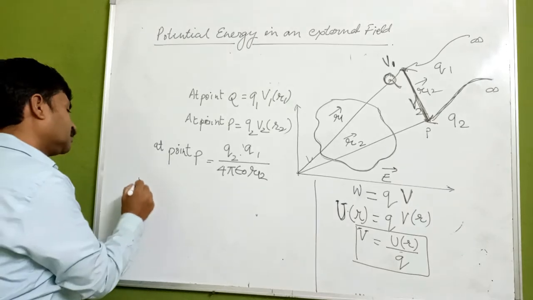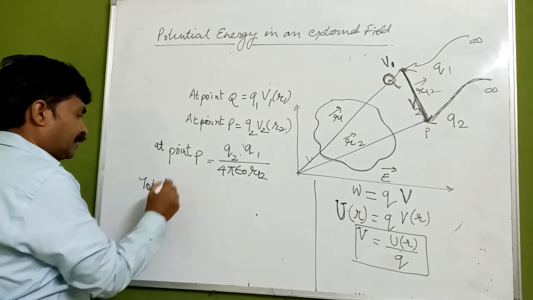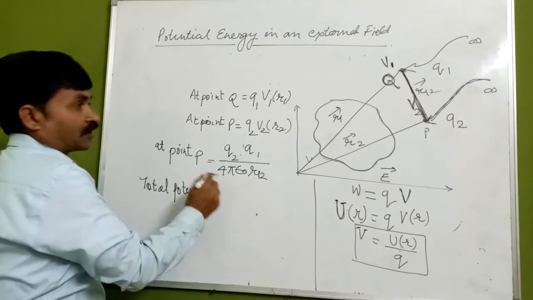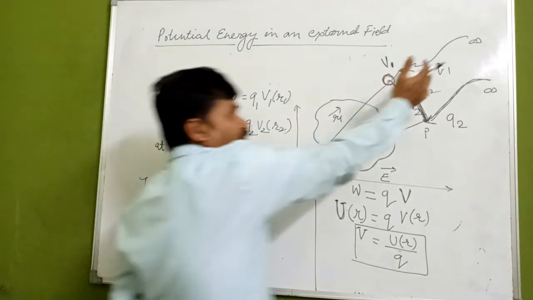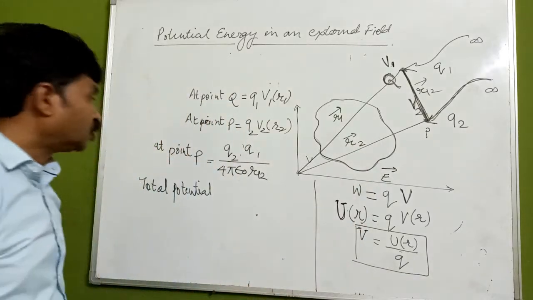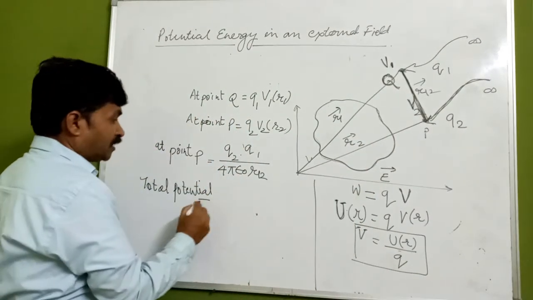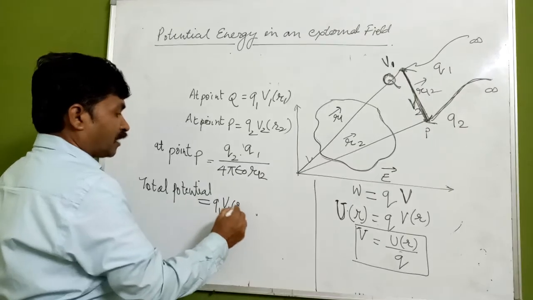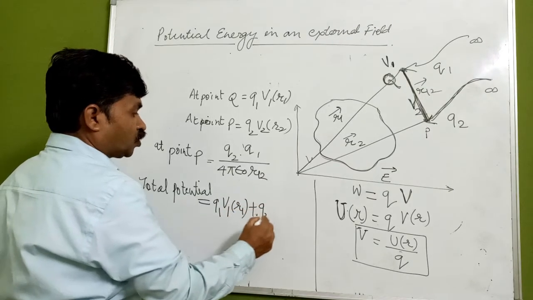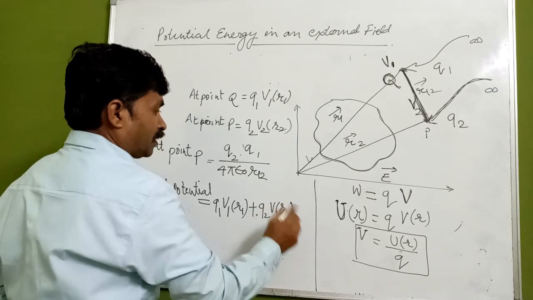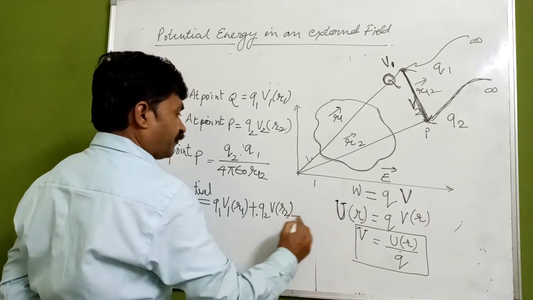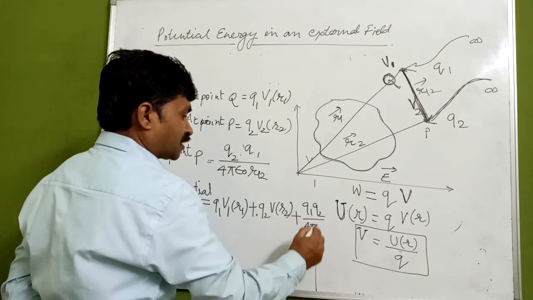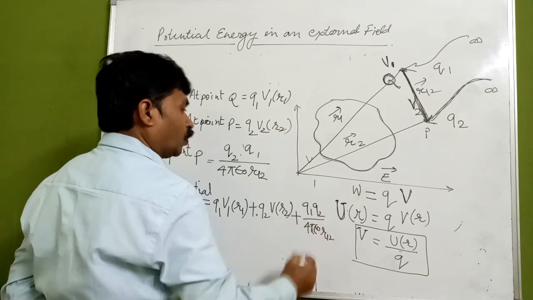So ultimately the total potential energy which we are going to have, when we are talking in terms of multiple charges, or here we have taken the two charges, will be Q1 V(R1) plus Q2 V(R2), and the third term, that is Q1 Q2 upon 4 pi epsilon naught R12.